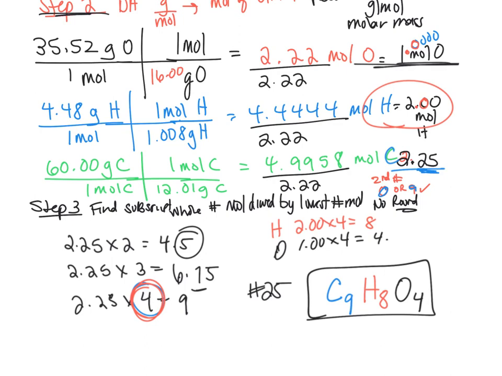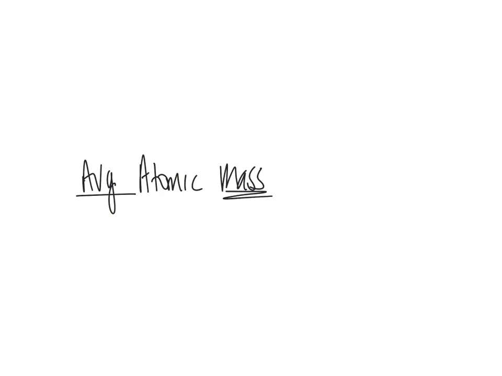The other thing that I haven't reviewed on this, and that I do know you need to be able to do, is calculating the average atomic mass. So, but due to time, I'm gonna call it average atomic mass. So you basically take the atomic mass unit times the percent abundance for each isotope.